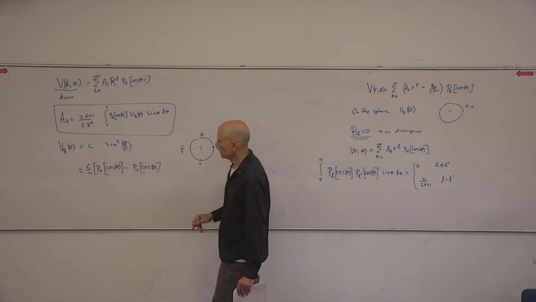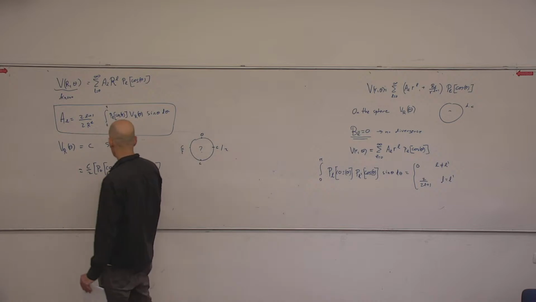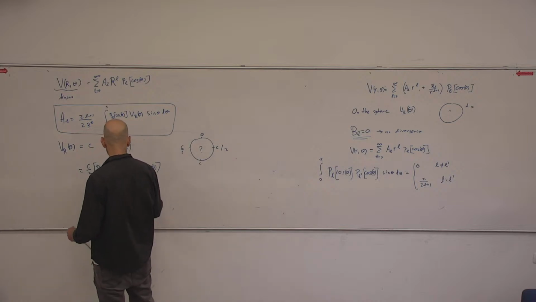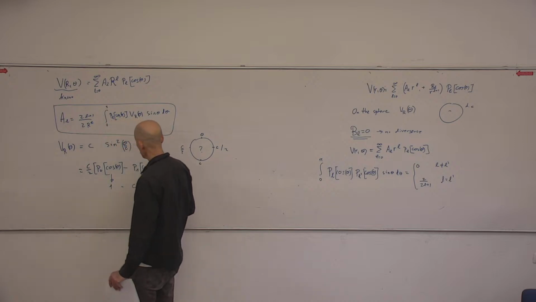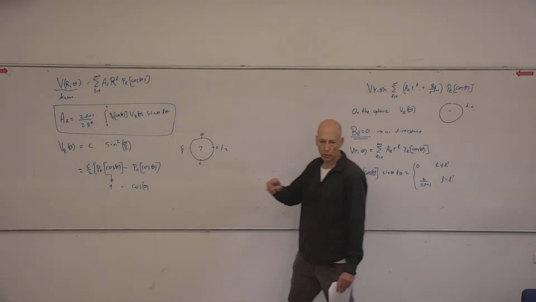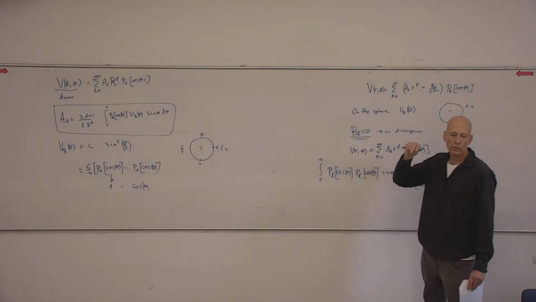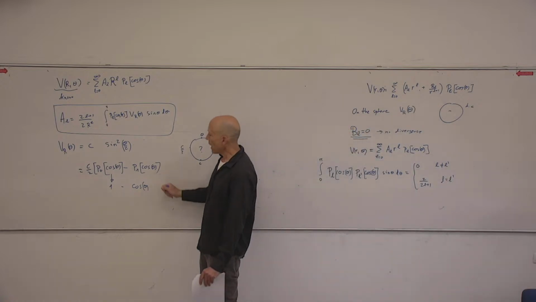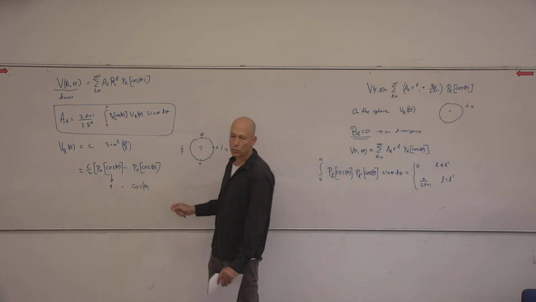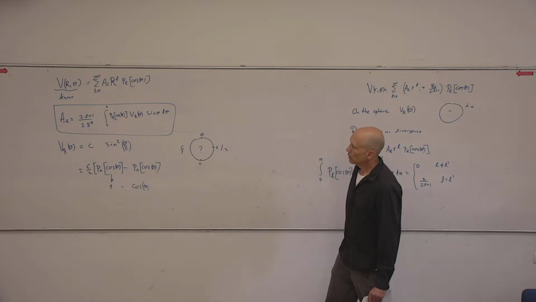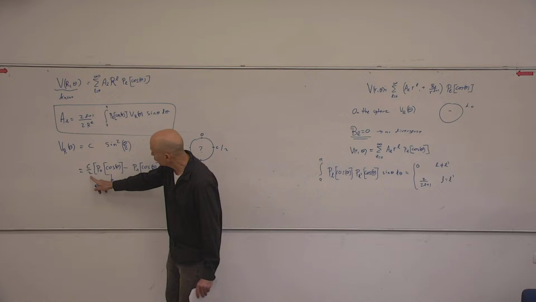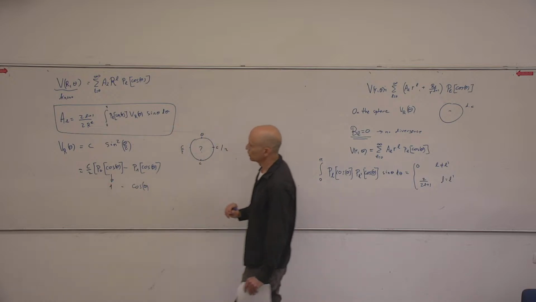This one is simply 1, so this is 1 minus cosine theta. And then I'm using a simple identity for cosine of 2 alpha gives you cosine squared minus sine squared, and 1 minus cosine squared will give you this sine squared, and this will give you the 2 when you do things a little bit carefully.